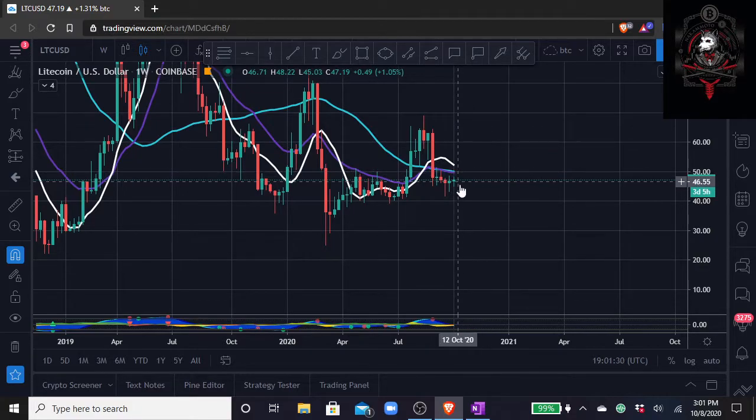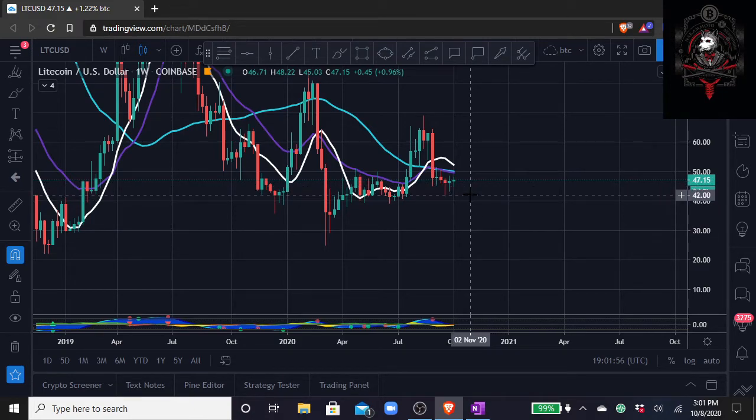If that 9-week crosses underneath either one of those two moving averages, we could see a possible dump. If we were going to test up on the 9-week, right around $51, $52, shorting opportunity. And same here, guys. If we can creep up just a little bit higher to that 49, 49.50, 49.70, I'd be trying to short there.